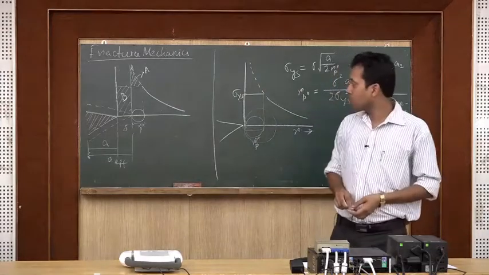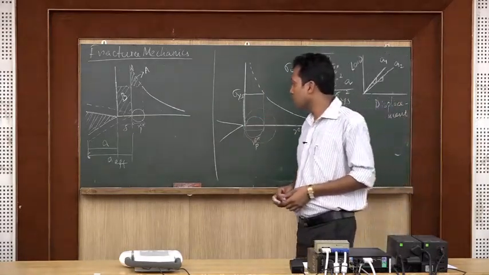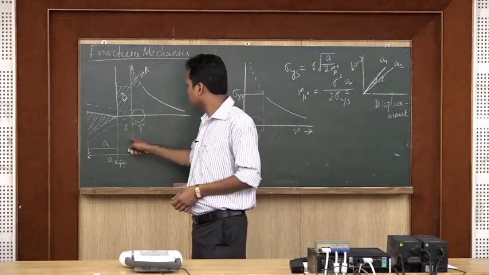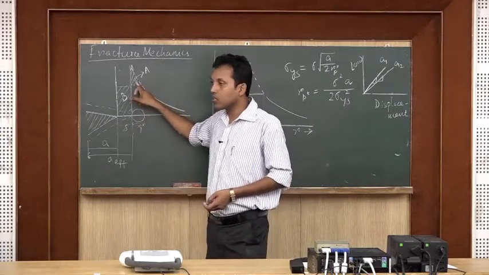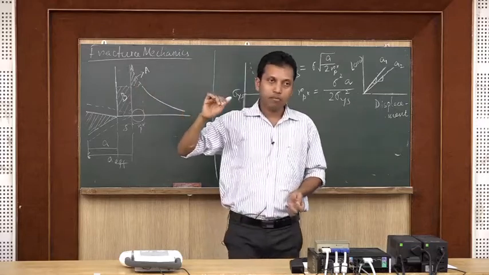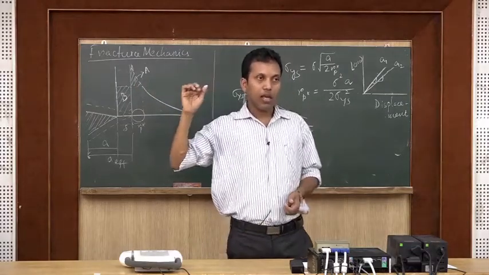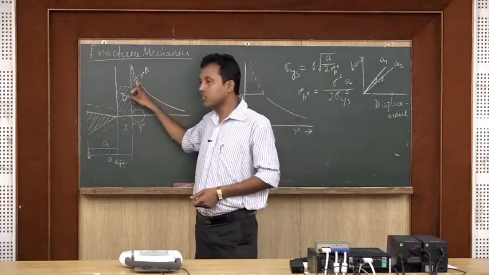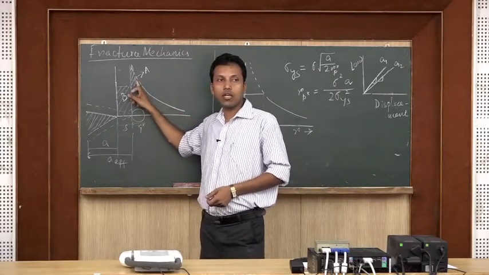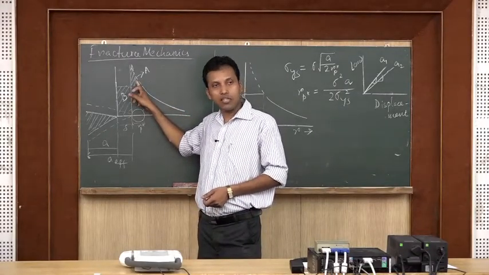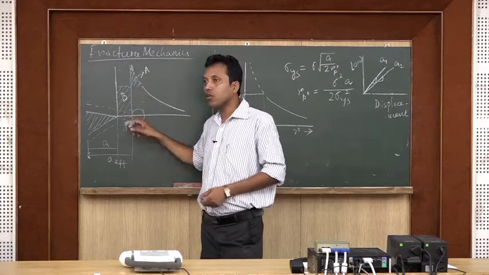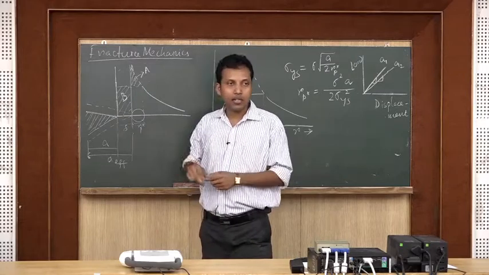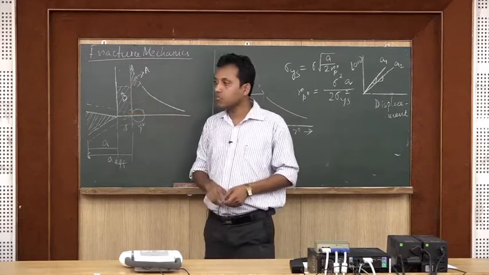So, if it is effective crack length A plus delta, then what will happen in the material is that this is the region which we are considering above the yield strength of the material, and this is the region which is not having that elastic load, rather plastic load, and this is the region of extended crack length. These two areas must be equal.